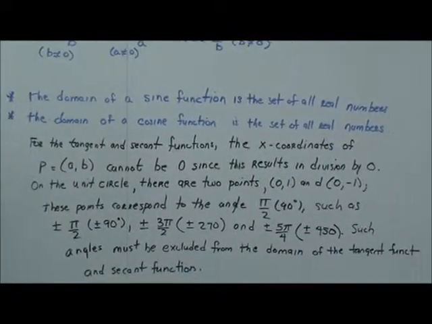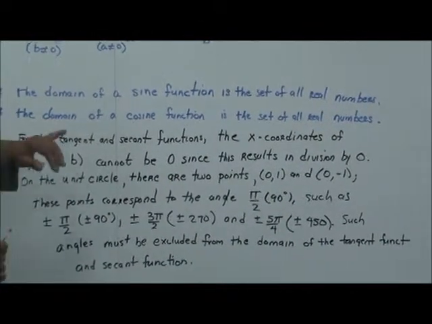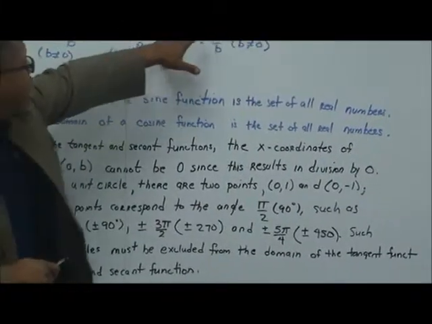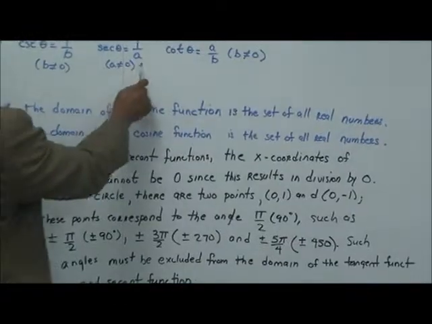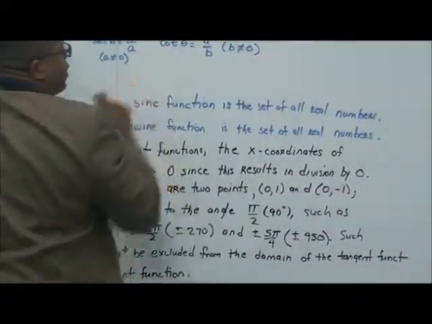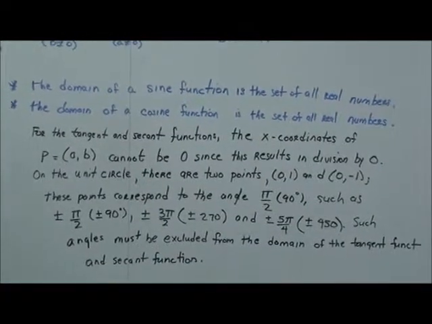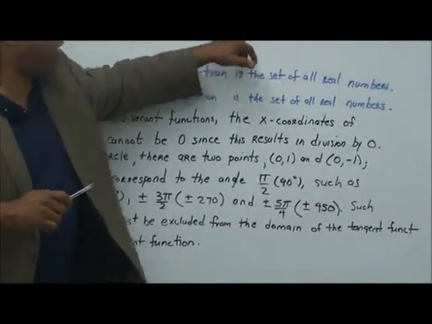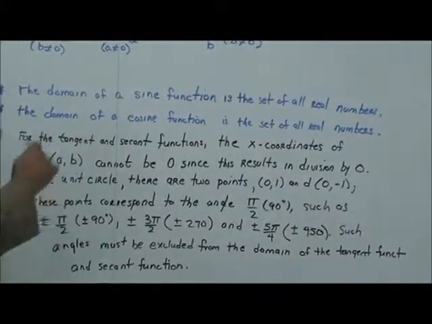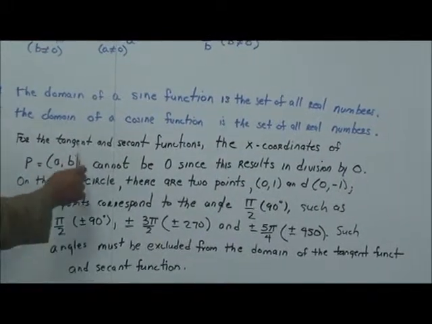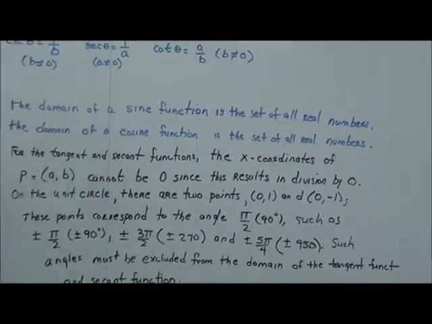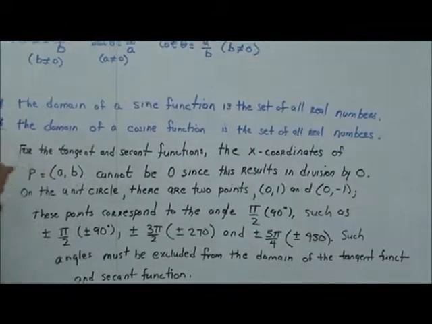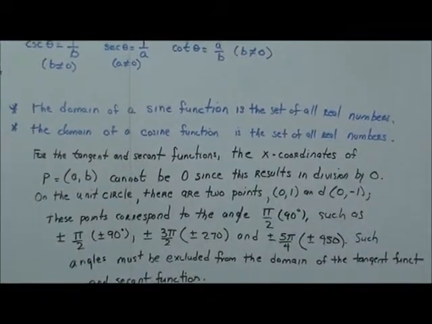If we were dealing with cotangent, b can't be 0 either. But for this particular situation, with the tangent and secant functions, a cannot equal 0 because that causes them to be undefined.